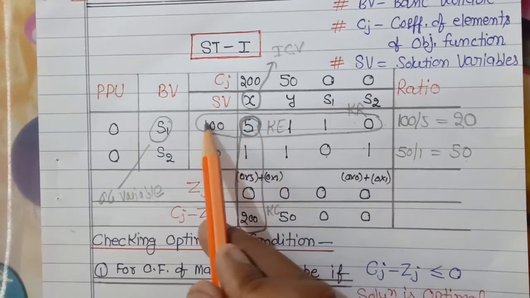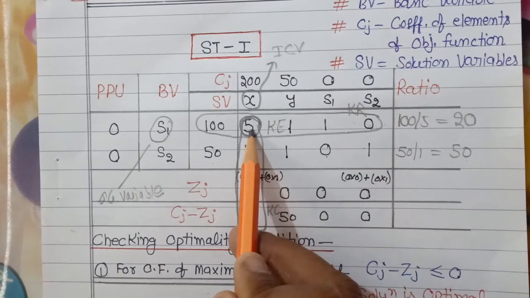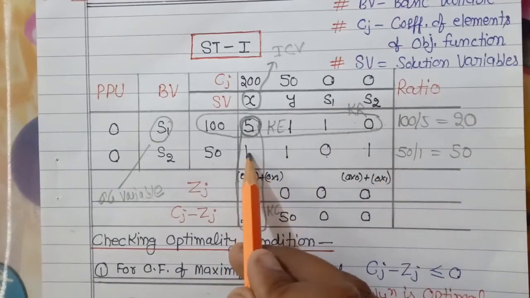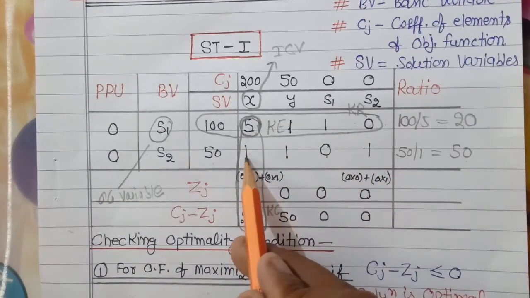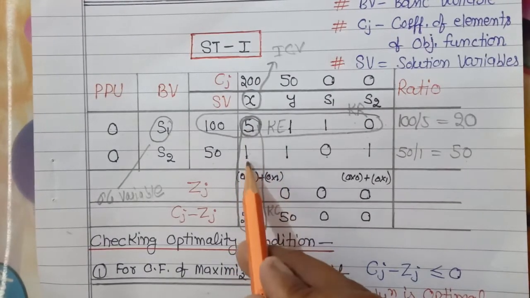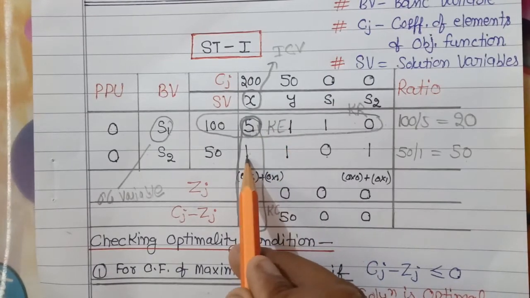We can divide all the elements of this row by this element itself, and then this element will become unity. After that, for the other rows, we have to make the elements which are in the key column, apart from the key element, 0.